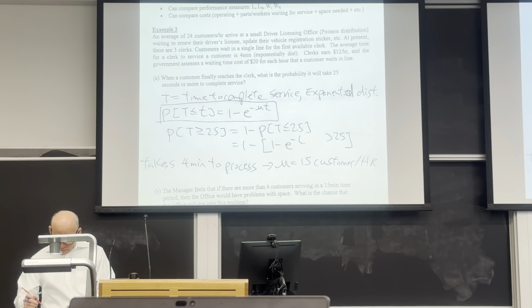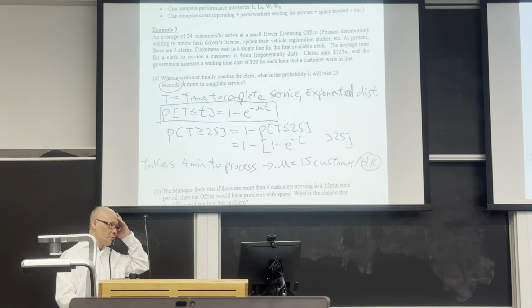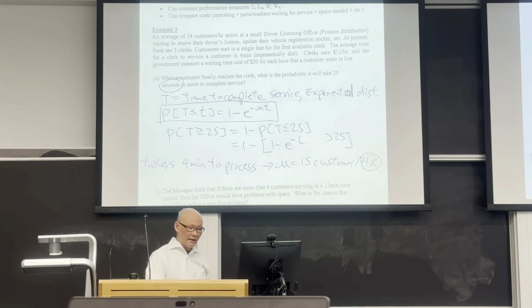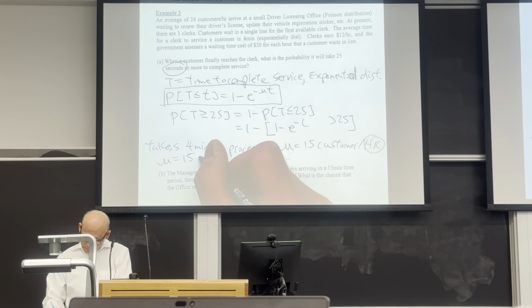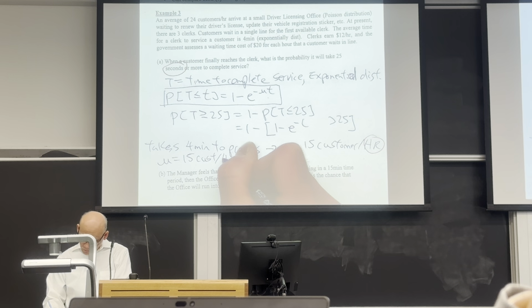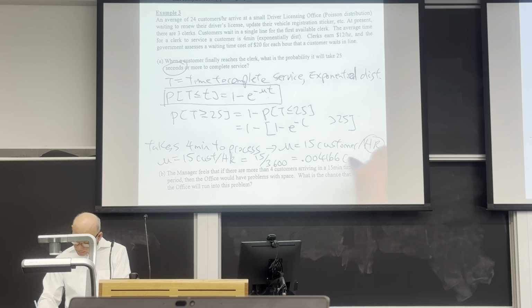However, we've got a time unit issue, because this is by the hour, but over here it is seconds, and so we need to put them into the same time unit. So I will convert this 15 customers per hour into per second. So mu is 15 customers per hour, which equals 15 divided by 3600. That gives me 0.004166 customers per second.